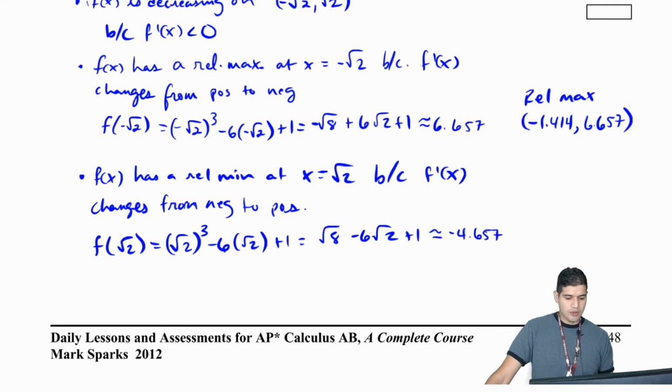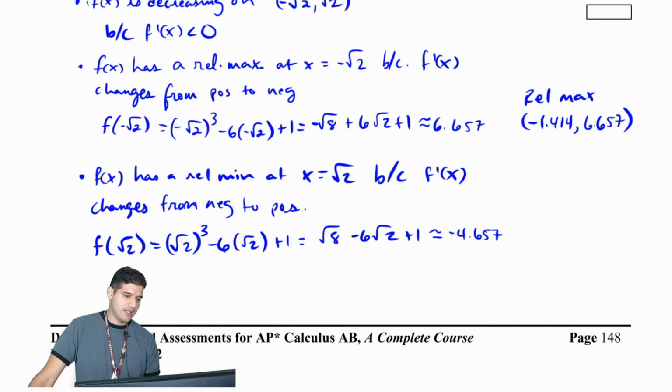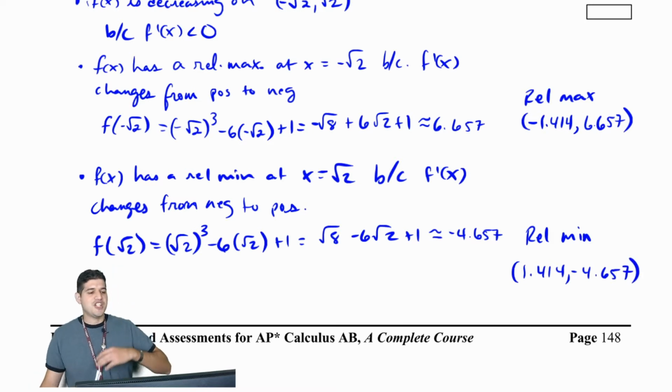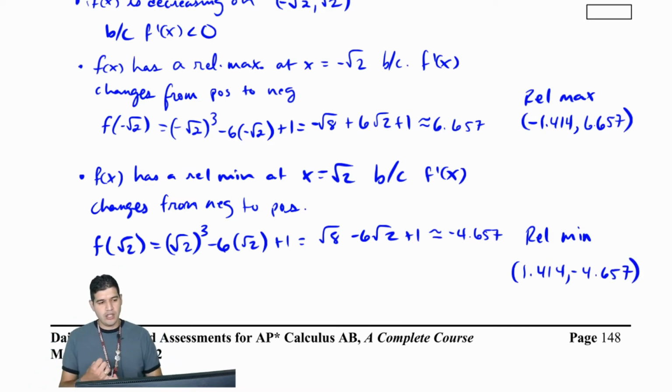Okay, and so the coordinate of my relative minimum, so I always want to write that coordinate down, is going to be square root of 2, approximately 1.414, and then my y value is going to be negative 4.657.